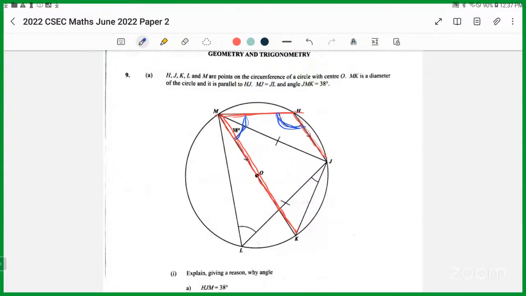They are also joined. Those two red lines, which are parallel, are also joined by this transversal line here. So alternate angles, it means that the angle inside here, which is 38, is equal to the angle over here. That angle is also 38.